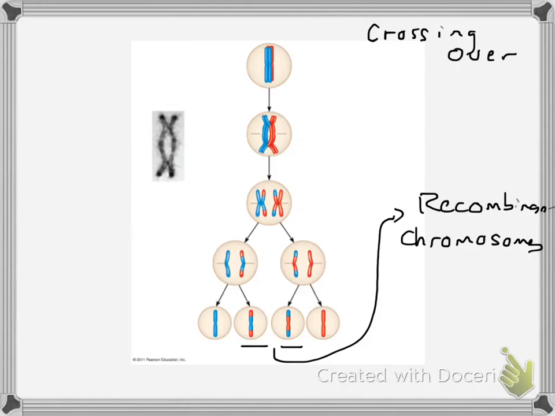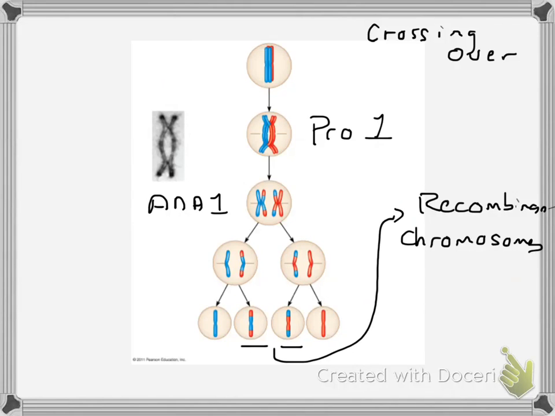If we look at this, we have prophase 1, and that is where we get the crossing over, and we create these recombinant non-sister chromatids. And this is anaphase 1, where we've separated the homologous pair.